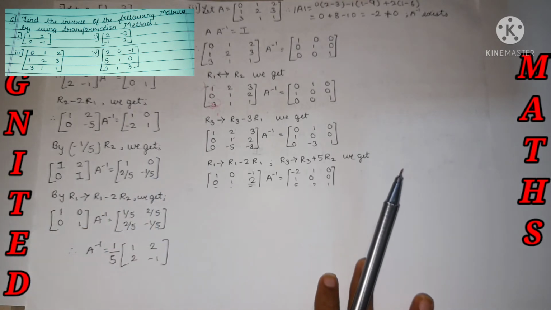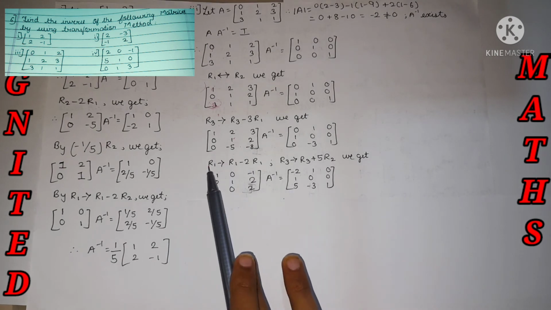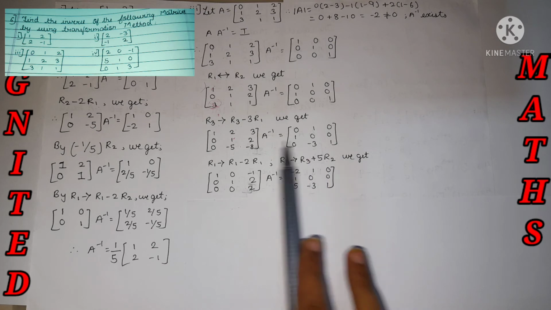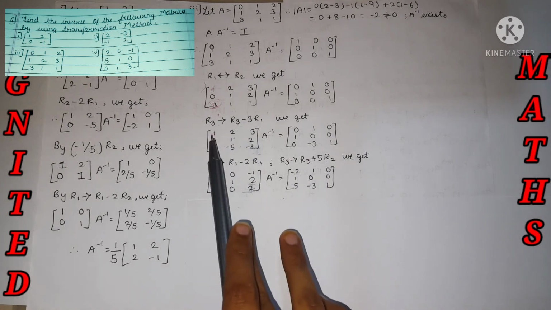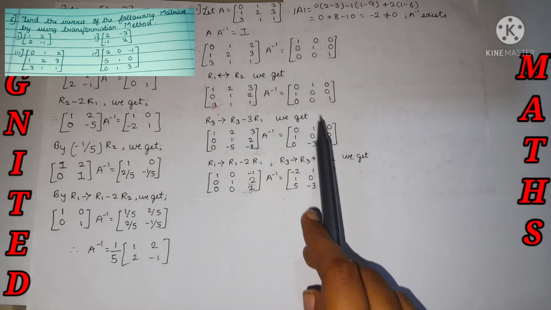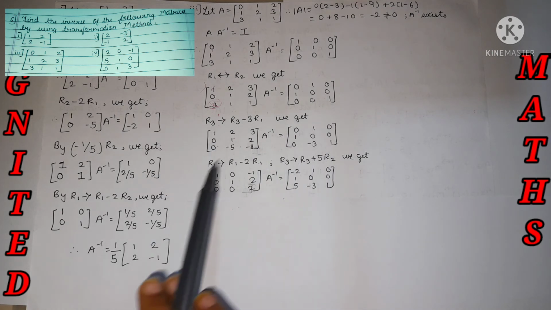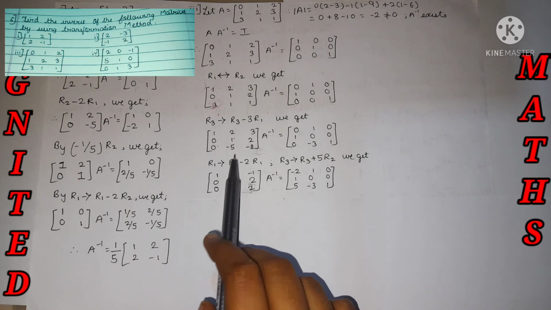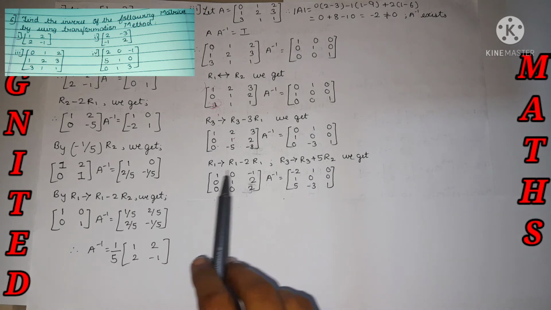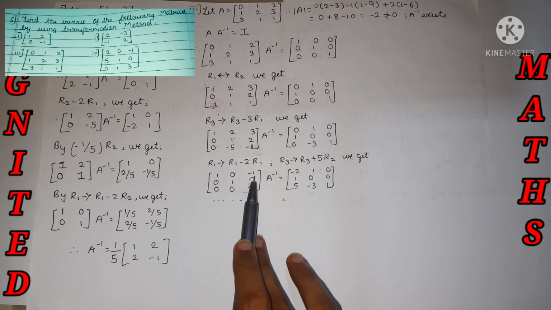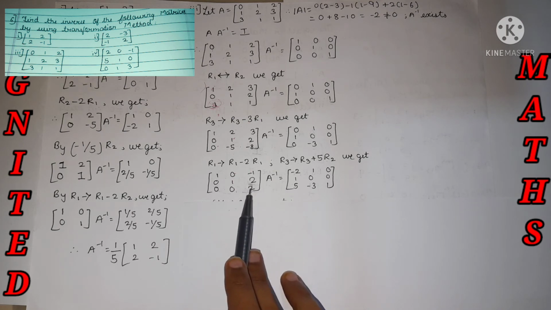Like that we need to do the transformation. So I have done R1 minus 2R2 and R3 plus 5R2. Whatever transformation you do on the LHS, just do it for the RHS also. We have done the calculation so that we bring it to 0. Now over here 0 0 1.